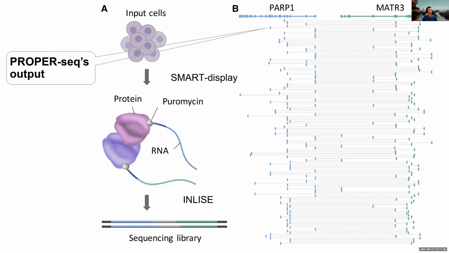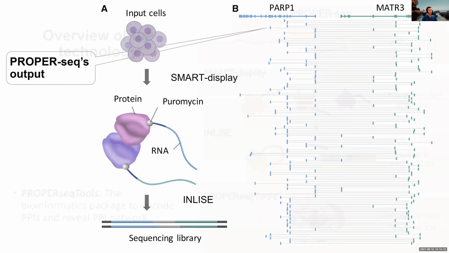Now we have here approximately 40 to 50 read pairs that happen to be aligned to this pair of genes. So these read pairs altogether would become the data or the evidence for us to say that the POP1 protein interacts with the matrix 3 protein.